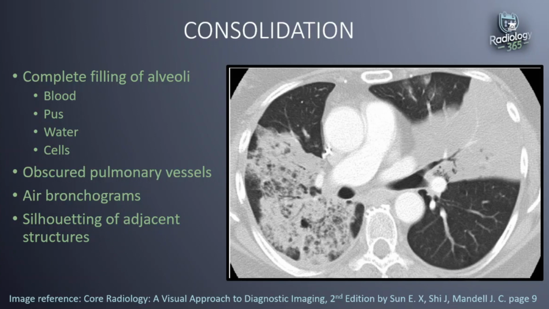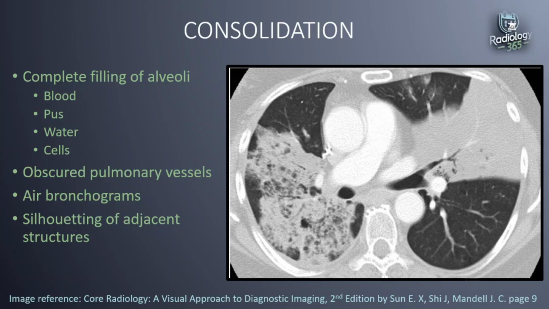If you have blood in there, you would have what we call pulmonary hemorrhage. If you have pus in there, it could be a pneumonia. If you have water in there, it could be from a pulmonary edema. If you have cells in there, it could be some cancer proliferating, filling the alveolus. Okay, so that's how you think about the differentials of consolidation. What could be filling the alveolar space?